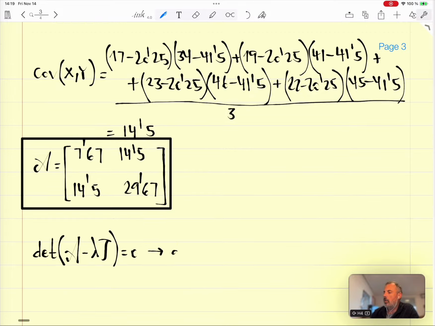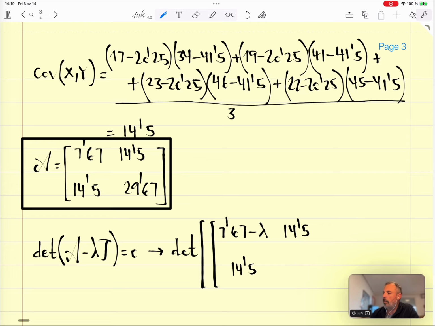Okay, so this is the determinant of the matrix 7.67 minus lambda, 14.5, 14.5, 29.67 minus lambda, equals 0.